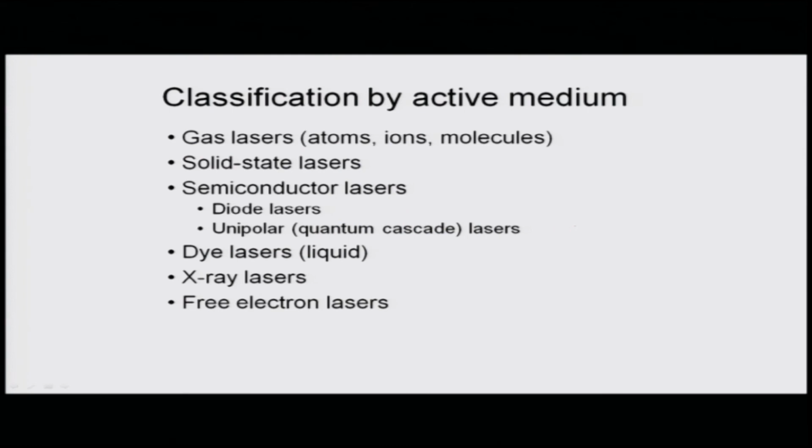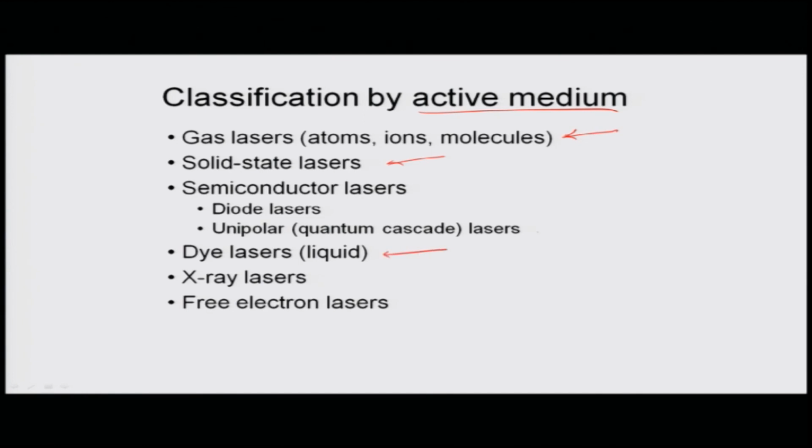At this point, I'd like to quickly go through some of the classification types of the active medium for these lasers. We have already looked at some of them. One of them is the gas lasers, which are atoms, ions and molecules of all kinds. Solid state lasers, we have already looked at a ruby laser, for instance, and there are semiconductor lasers, which are diode lasers, unipolar quantum cascade lasers and things which are more used recently.